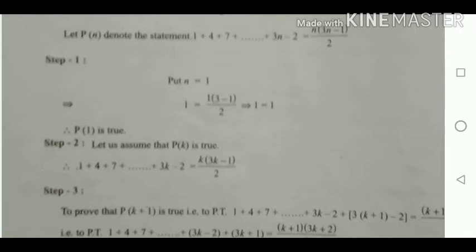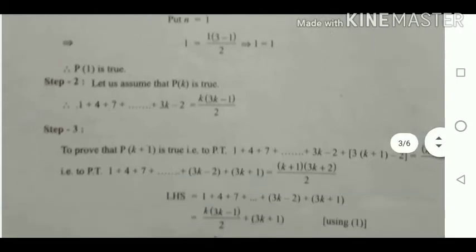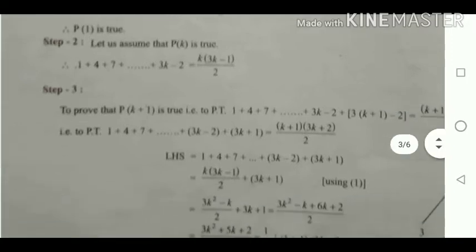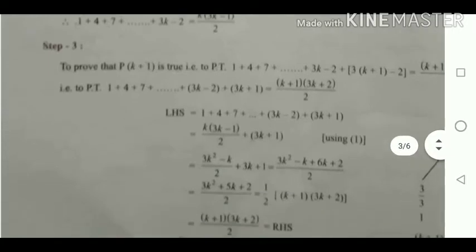So for n equal to 1, P(1) is true. Then let us assume P(k) is true: 1 + 4 + 7 + ... + (3k-2) = k(3k-1)/2.